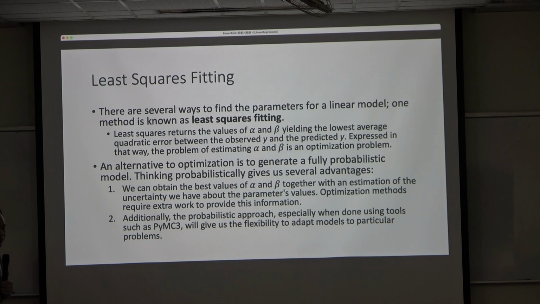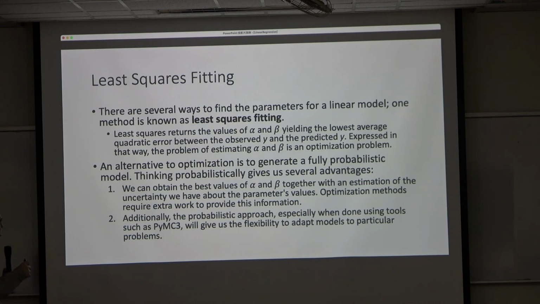So another way to do it is to use a gradient descent, to find the best alpha and beta values with the given loss function, which is defined as the average quadratic error.